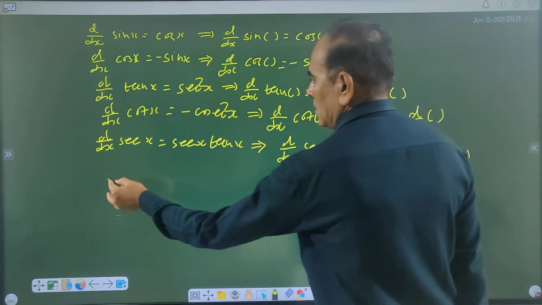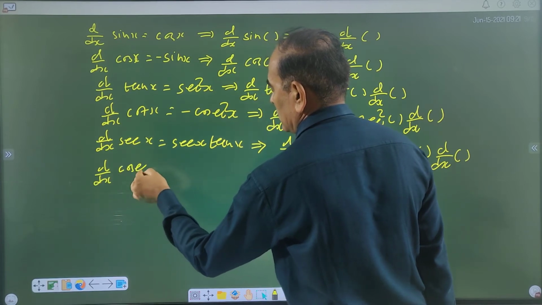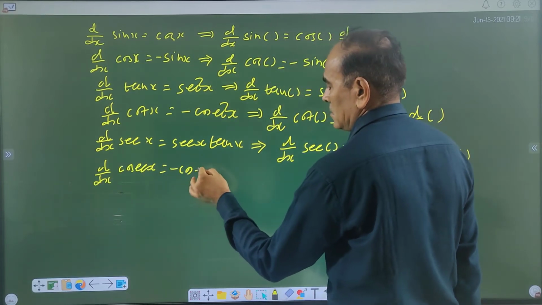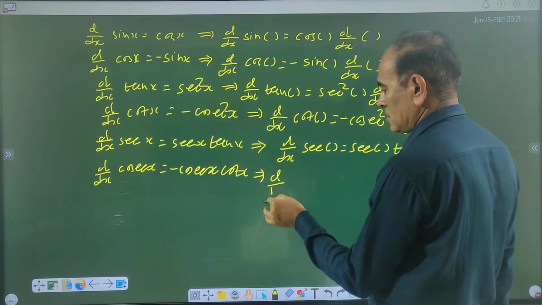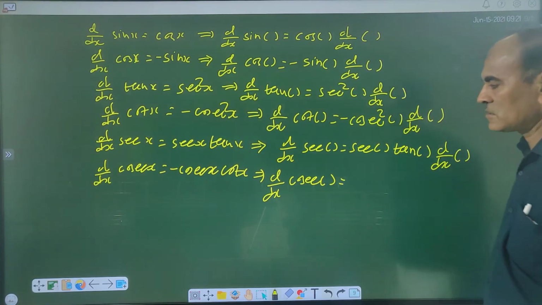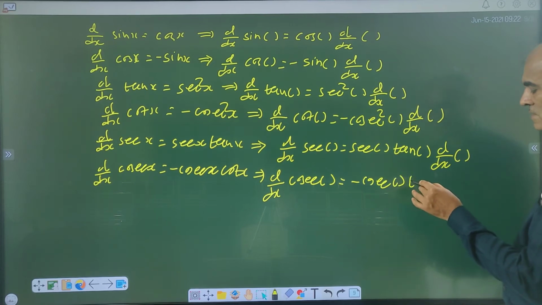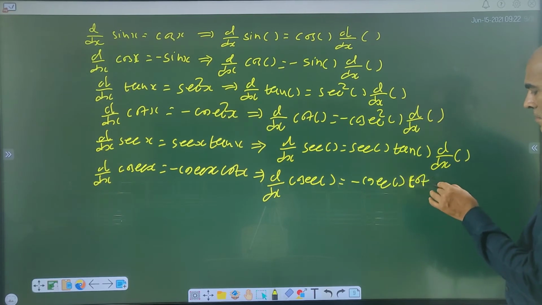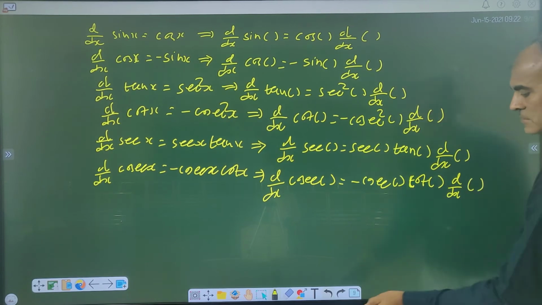Then d by dx of cosec x is minus cosec x cot x. How are we going to remember it? D by dx of cosec of some function is equal to minus cosec of that function, cot of that function, times d by dx of that function.